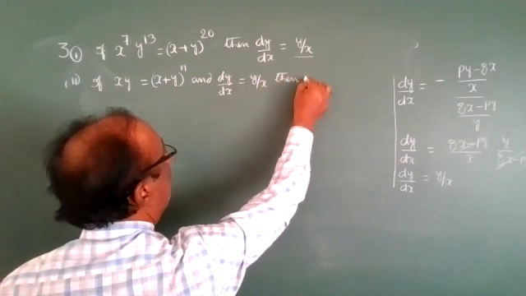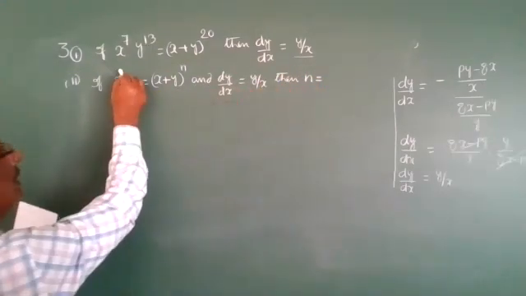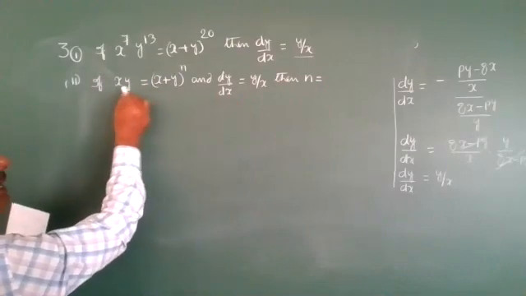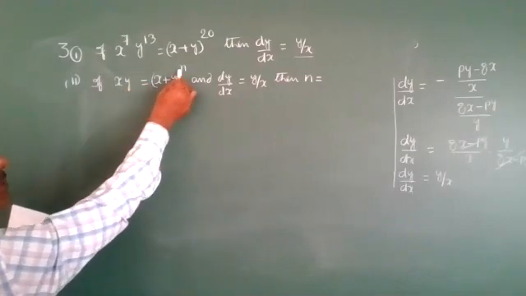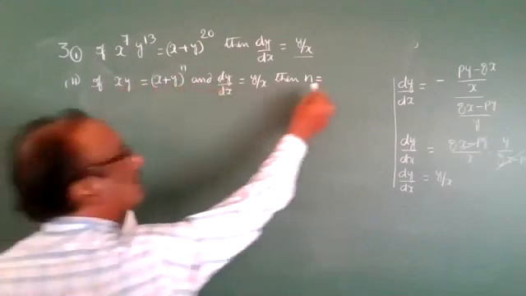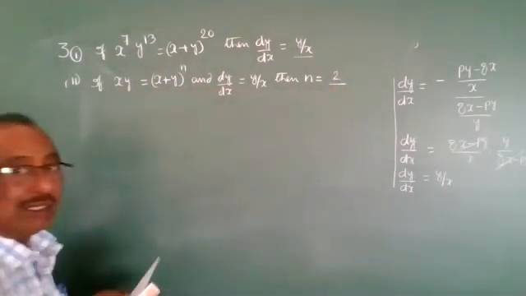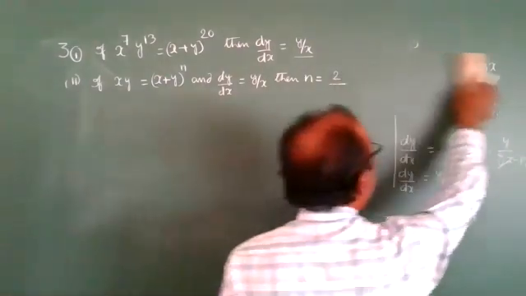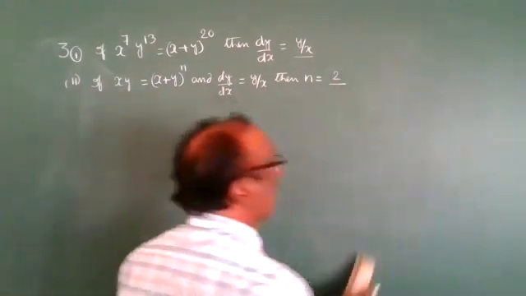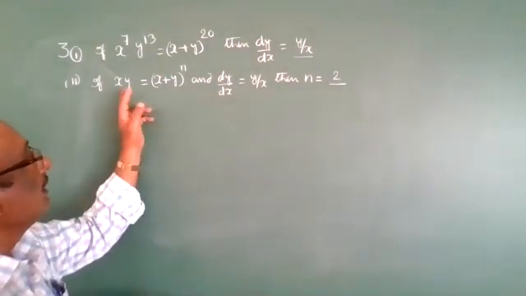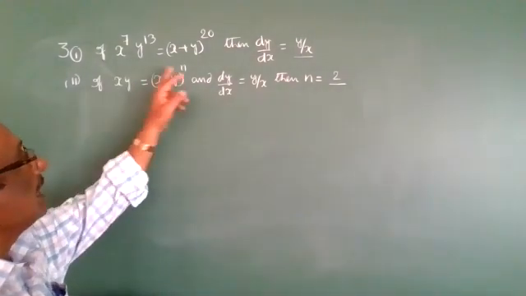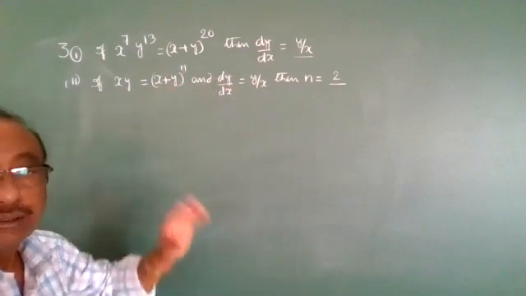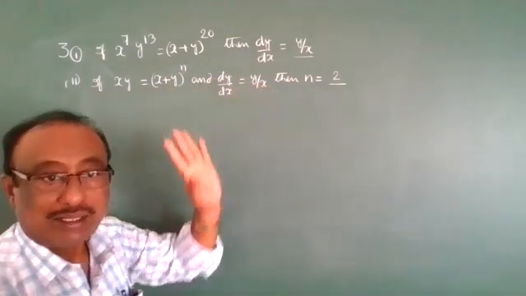Simple. Bases are adding means powers are adding. Here n is 2. The problem is completed. Already the answer is given as y by x.